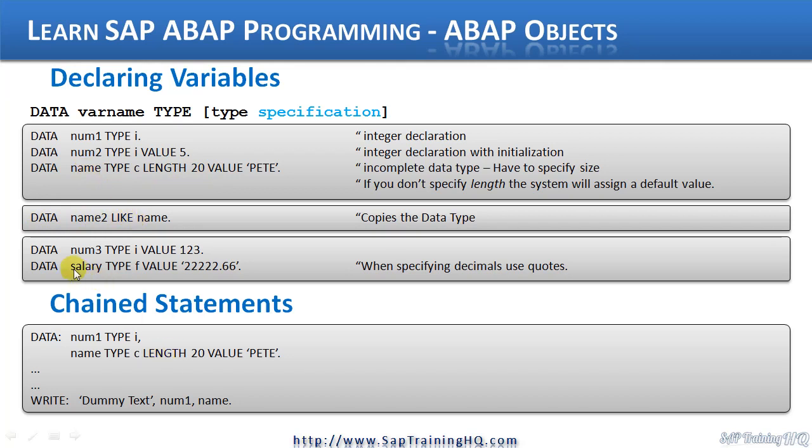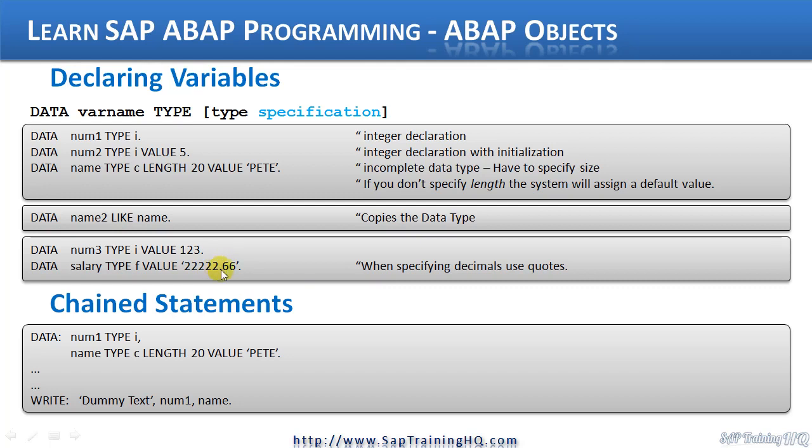And finally, just to go through decimal places and things like that, we have two DATA statements here. We have num3, type I, value 123, no decimals. But when we do specify a decimal, we have to put our value within quotes. Because remember, in ABAP, we terminate a statement with the full stop, with the period.